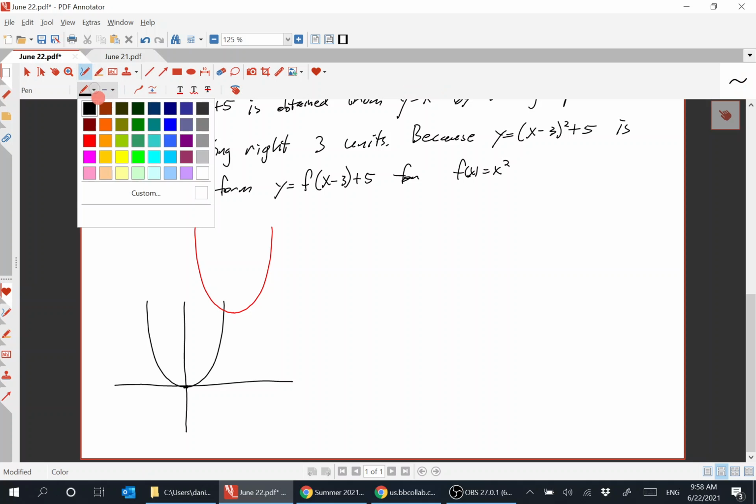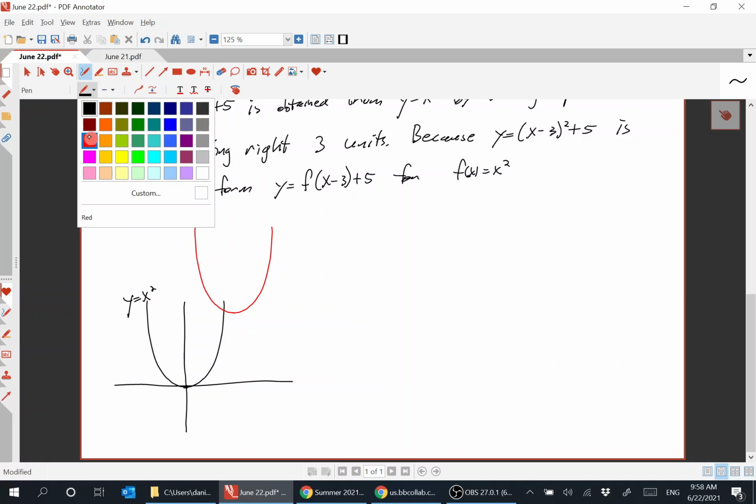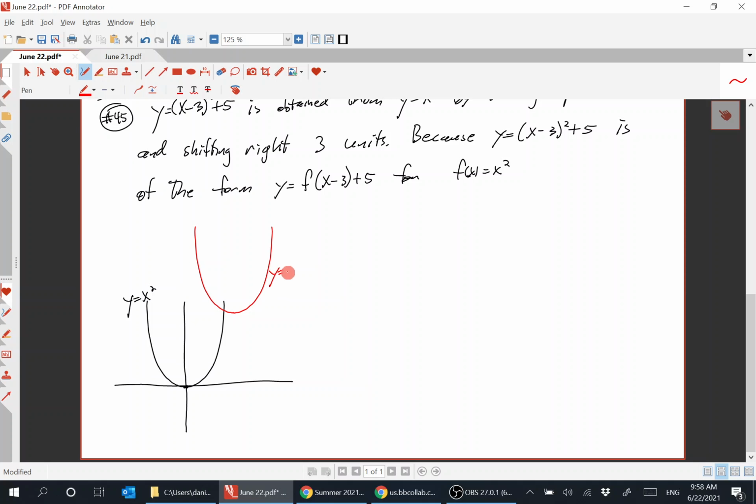So the black graph is y equals x squared, and the red graph is y equals (x minus 3) squared plus 5. And because this is the point 0, 0 down here at the origin, this is the point right here, right 3, up 5. So it's the same graph, just shifted accordingly.